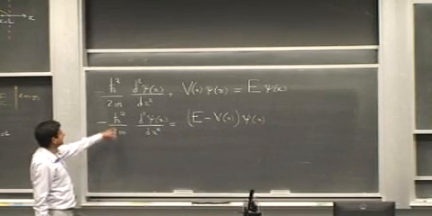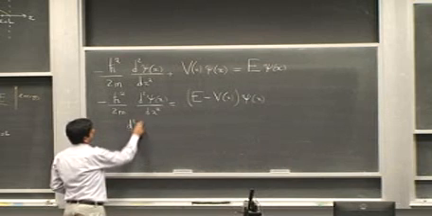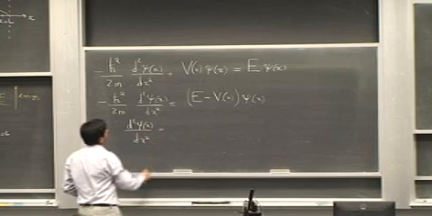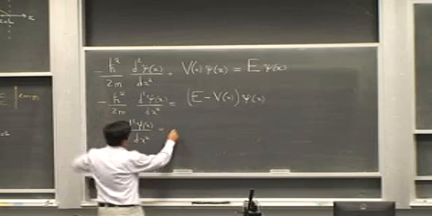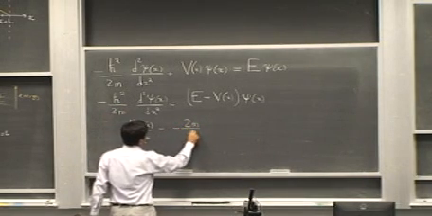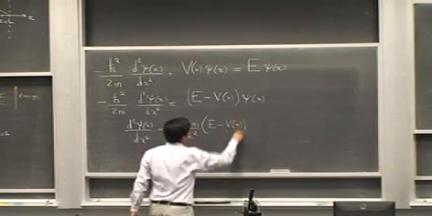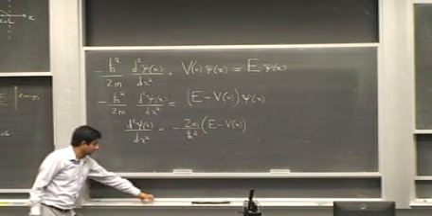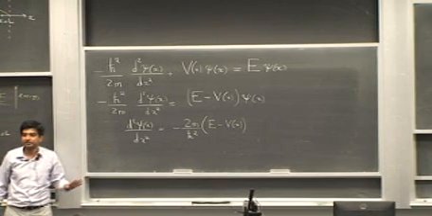Now I multiply both sides by 2m over h bar squared, and I also multiply with the minus sign so that this minus sign goes away and I get a minus sign here. Is this clear?